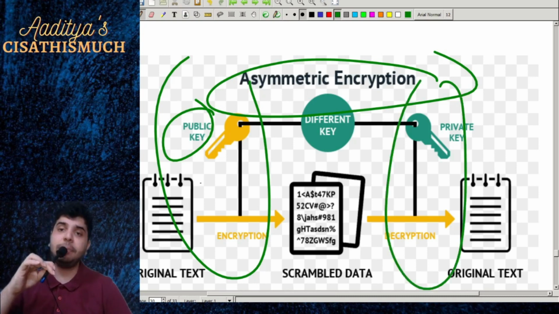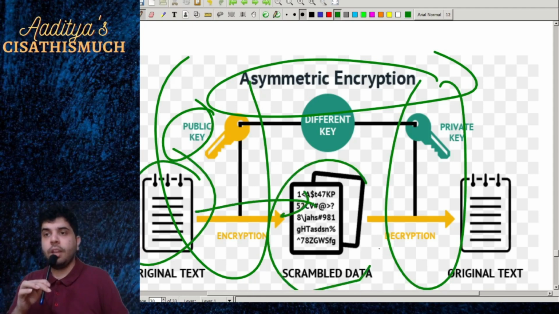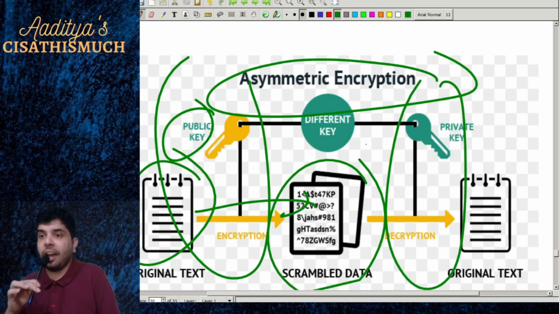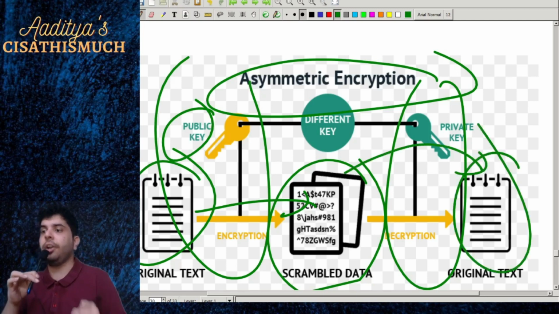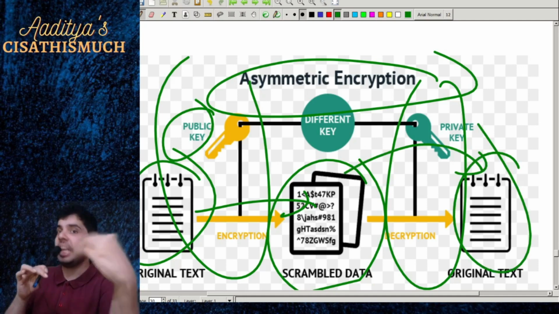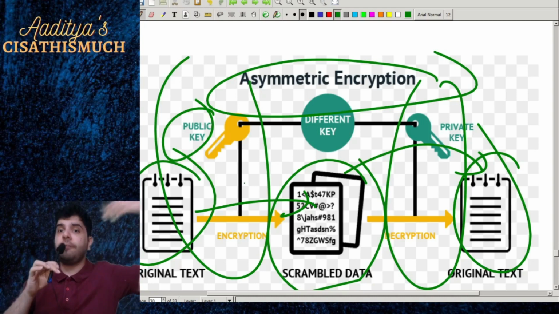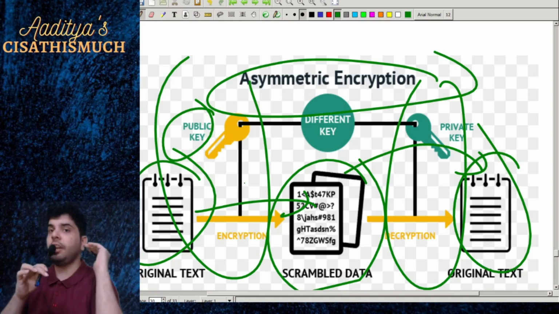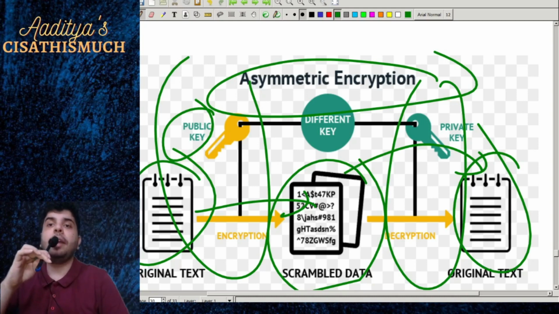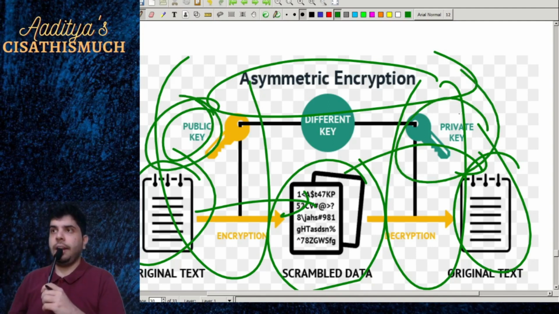Again the same thing is happening: the original text is converted into ciphertext, and then the ciphertext is converted back into the original text. But here we are not using the same key, we are using different keys. The sender uses one key, the receiver uses a different key. So, public key and private key. Let's proceed ahead.